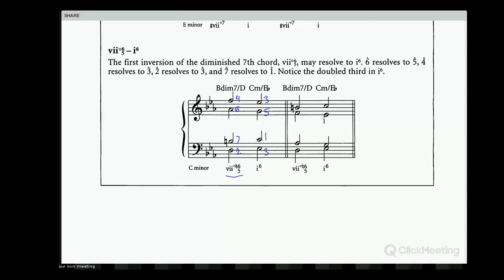That's why very often 7, 6, 5 moves to 1, 6. Right. So this number pattern still is the same, right? 2 to 3, 7 to 1, 6 to 5, 4 to 3. Again, in 1, 6, the third is doubled. So let's add this to our list.